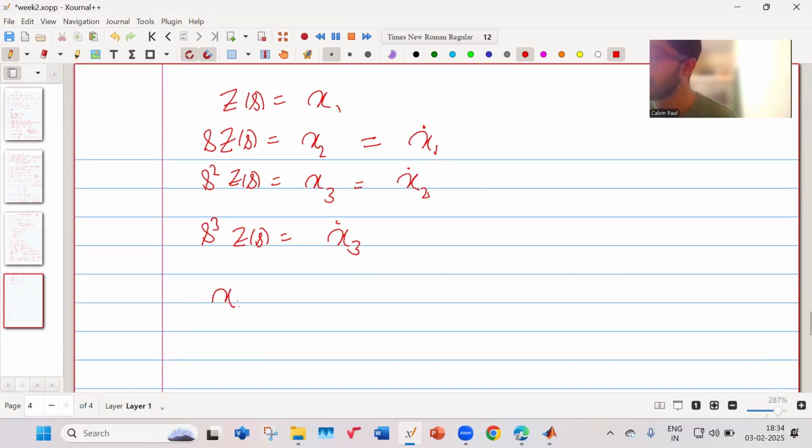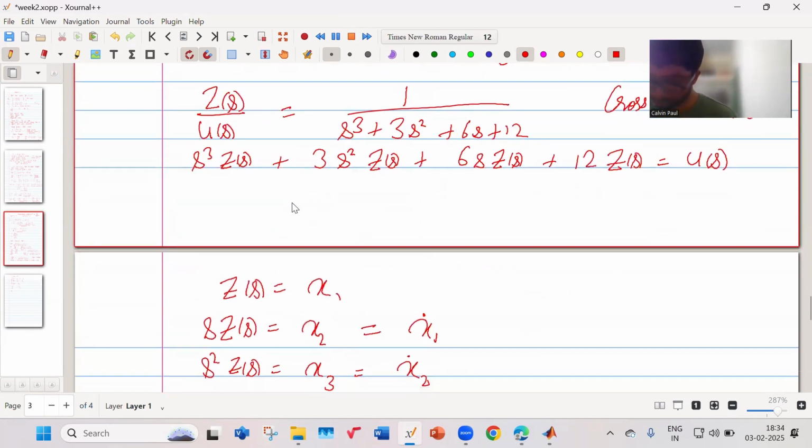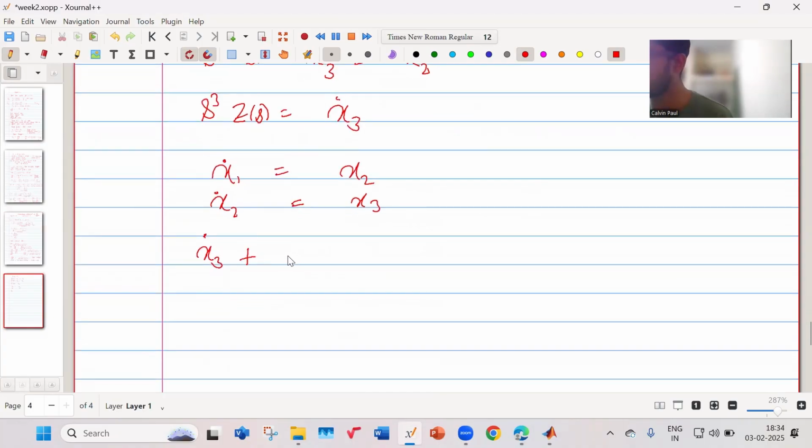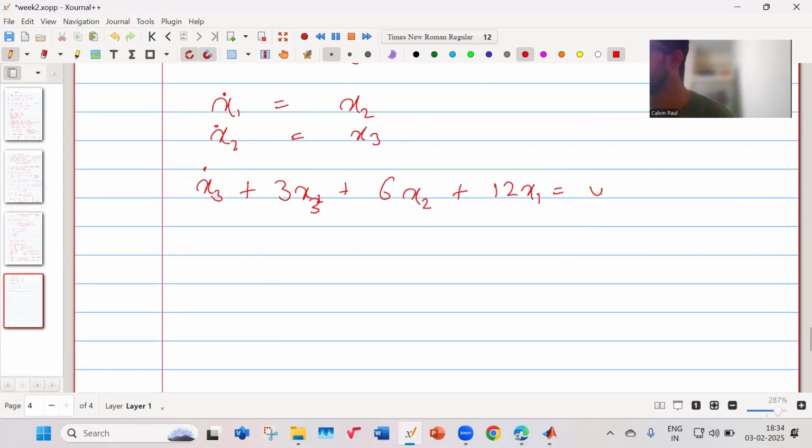We have x1 dot is equal to x2, x2 dot is equal to x3, and x3 dot plus 3 into s square z, which is 3x3, plus 6 into s into z, which is 6x2, plus 12 into z, which is 12x1, is equal to u of s.